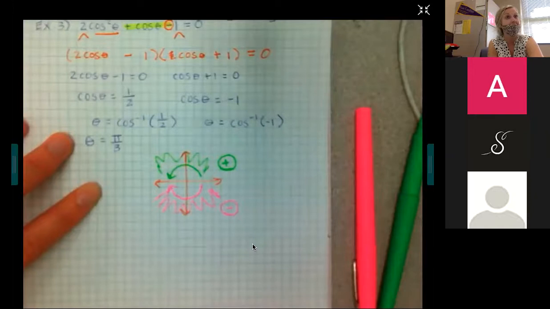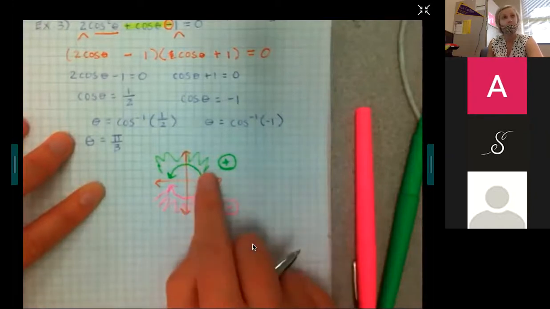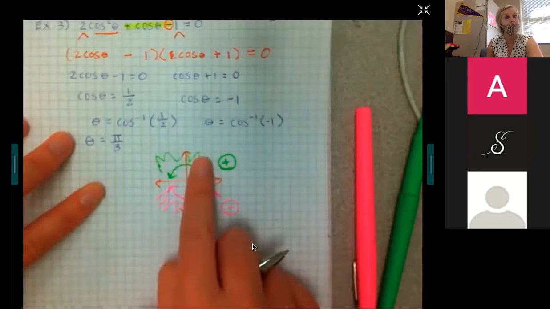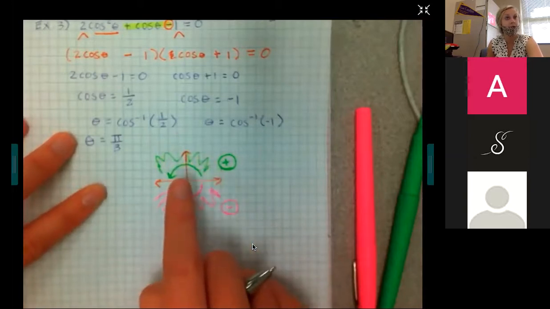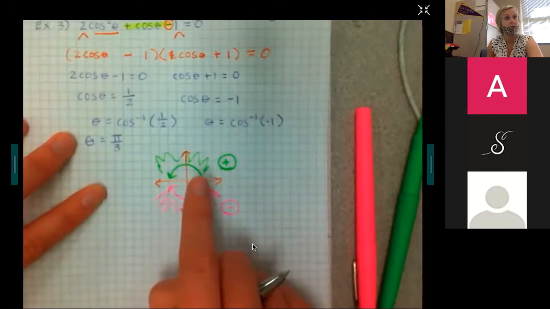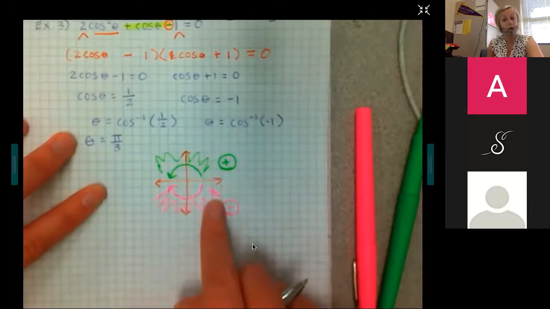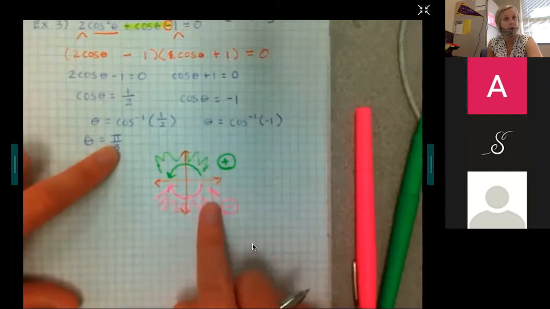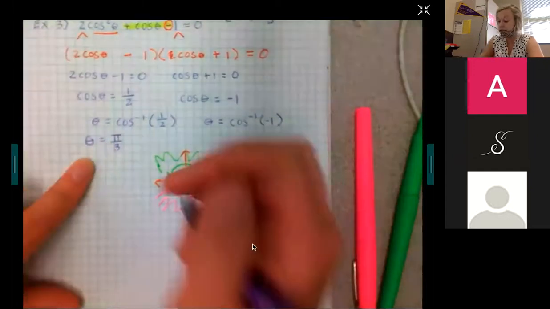Cosine is positive in quadrant 1, and then what's the other quadrant where the x's are positive? 4, good. So what's going to be the negative angle of this in quadrant 4? Just negative pi over 3.